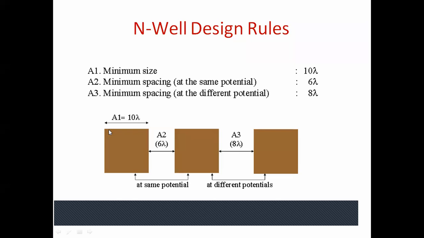Then the minimum size, width or length of the well, either N well or P well, has to be 10 lambda. So these are the N well design rules. What should the minimum area be? 10 lambda by 10 lambda. Same potential 6 lambda and different potential 8 lambda.